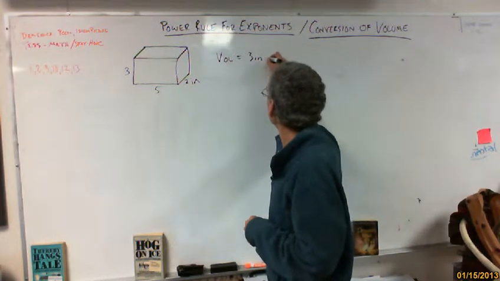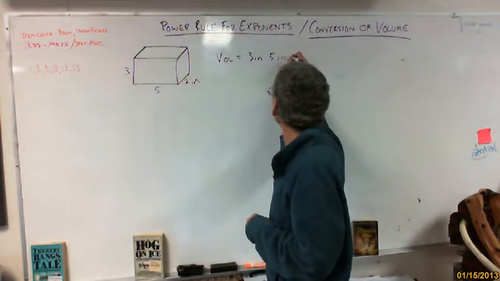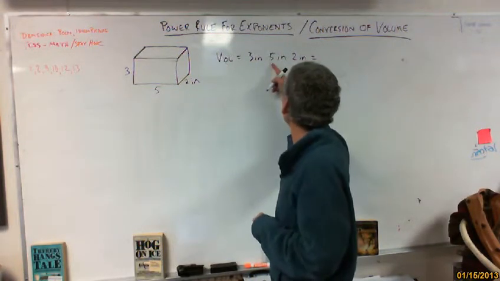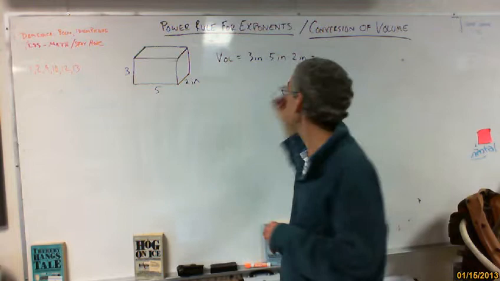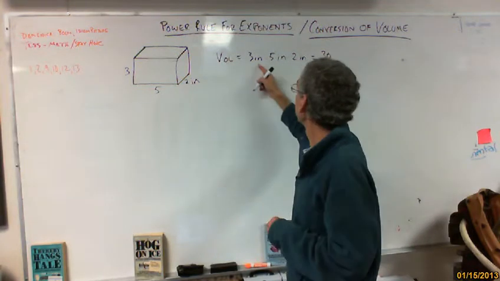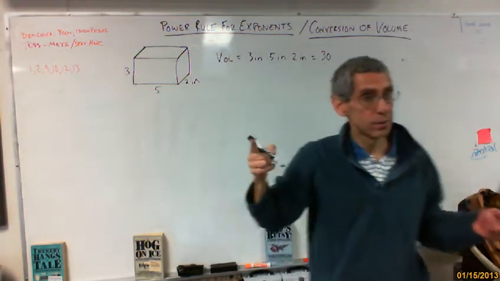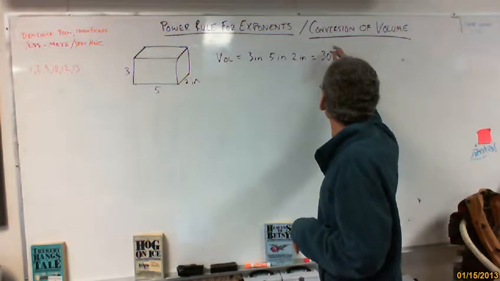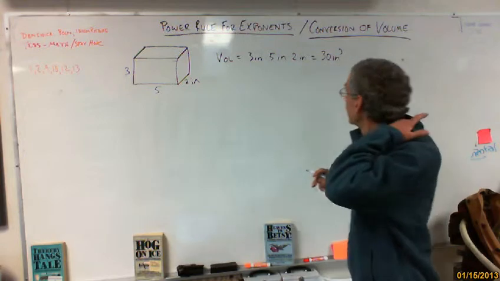So it's 3 inches times 5 inches times 2 inches, which is 3 times 5 is 15 times 2 is 30. 30 inches, inches, inches, which is inches cubed.